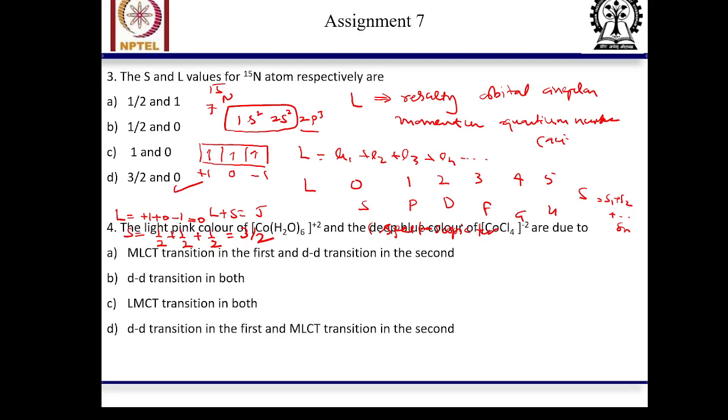Okay. So second thing is that the light pink color of Co(H2O)6 2+ and the deep blue color of CoCl4 2-. What is the reason for Co(H2O)6 2+ being light pink in color, while CoCl4 2- is deep blue in color?